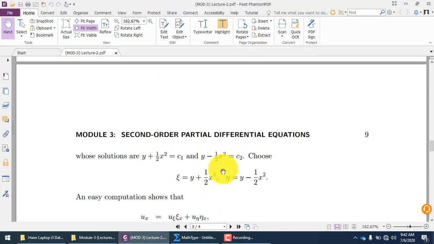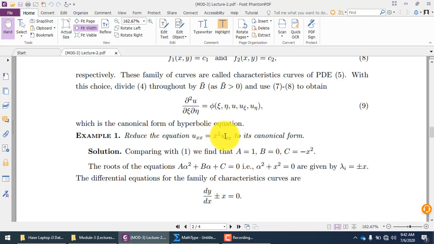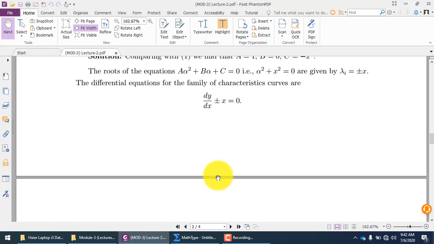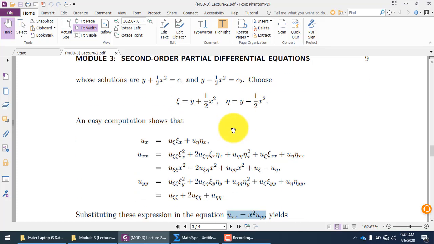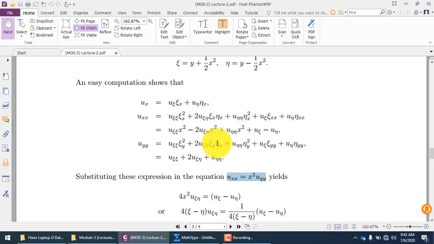So you will take these values into the original equation. And you will put the values of uxx and uyy, and also x will not be there because x will be transformed to xi or eta.